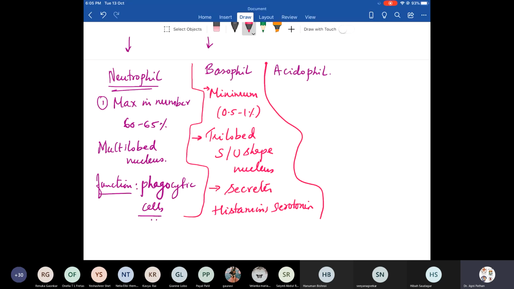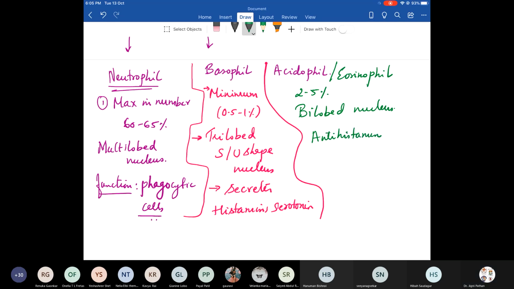Next, you have acidophil. Acidophil is also called eosinophil. 2 to 5%, bilobed nucleus. The main function is they are antihistamine.